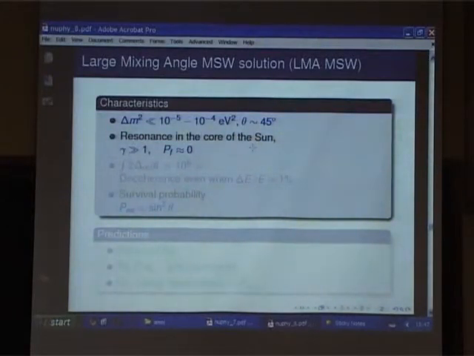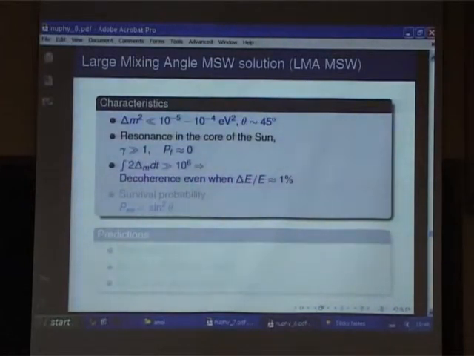So now the angle was large, delta m square was large. If you remember, gamma went up with delta m square, gamma went up with sin square 2 theta. This was a solution where delta m square was the largest, theta is also the largest. Therefore, gamma is very large. So gamma is very large, so PF is almost equal to 0, this e power minus gamma.